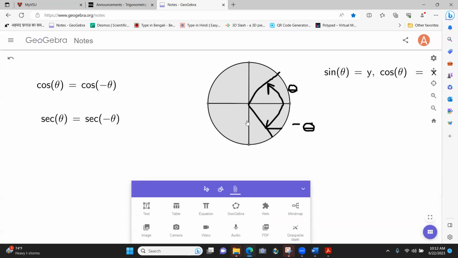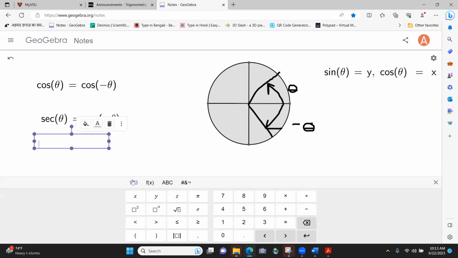Now, what happens to sine, guys? When you say sine theta, sine is the y coordinate, that's going to be plus. And for minus theta, sine is going to be minus. So for sine, the formula turns out to be this. Sine minus theta is equal to minus sine theta.